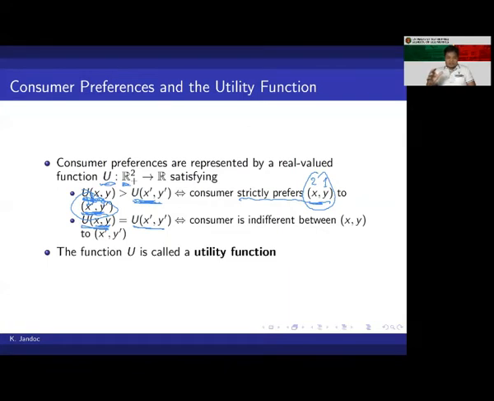So if the consumer prefers one bundle over the other, the utility function will spit out a higher number. If the consumer is indifferent between two bundles, the utility function spits out the same number. That's what the utility function is. It's a representation of the preference of the consumer.